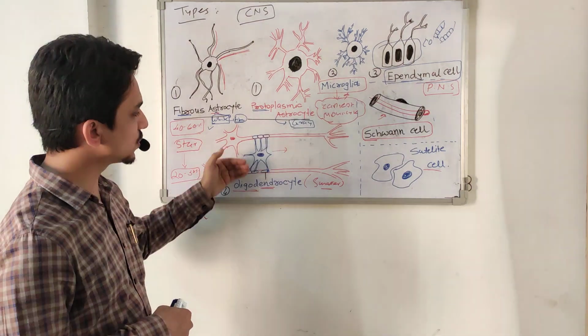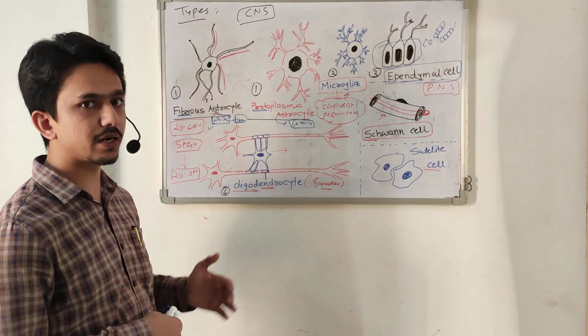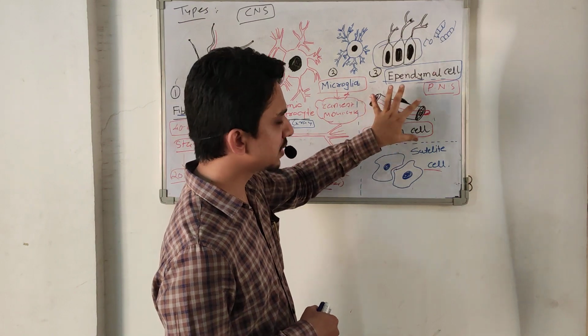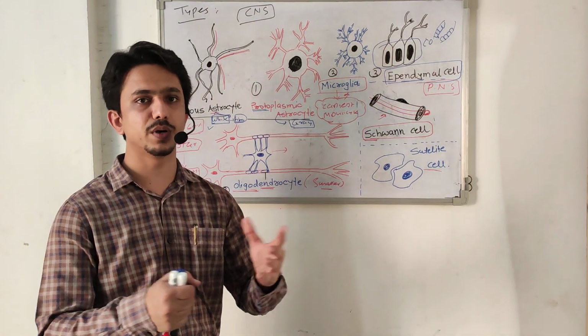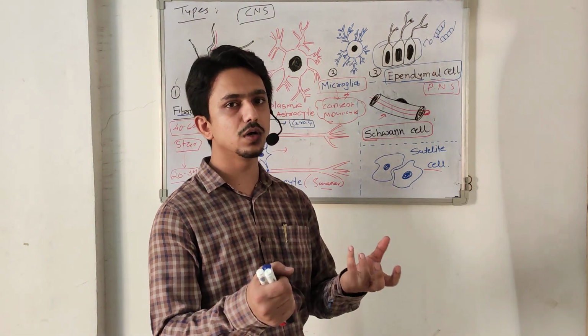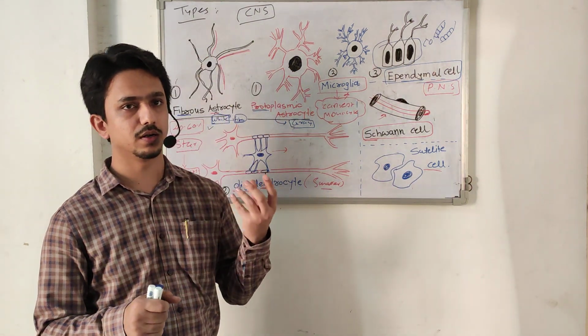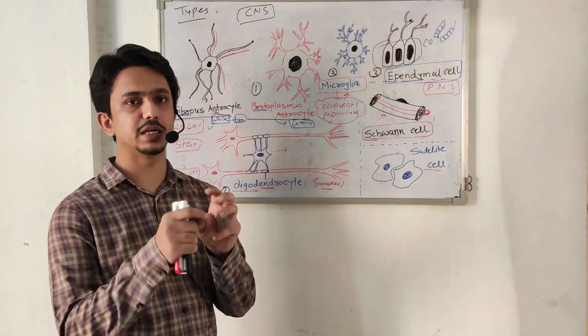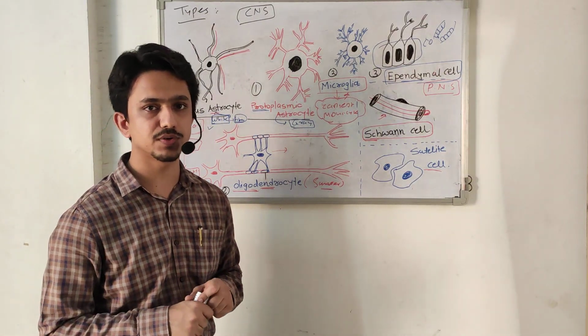Oligodendrocytes are responsible for myelination in the central nervous system. In the PNS, Schwann cells give myelination, and satellite cells give support and nutrition to the cell bodies present in the ganglia of the peripheral nervous system.